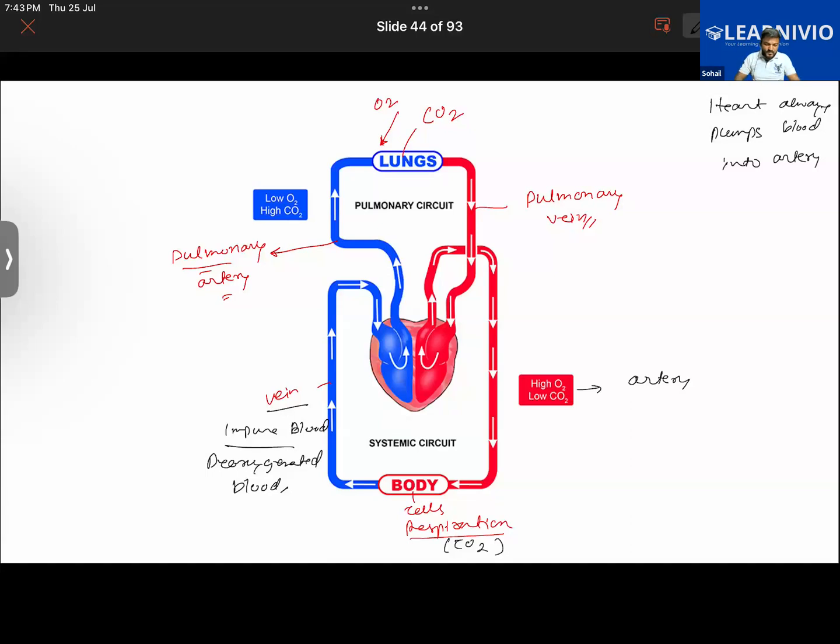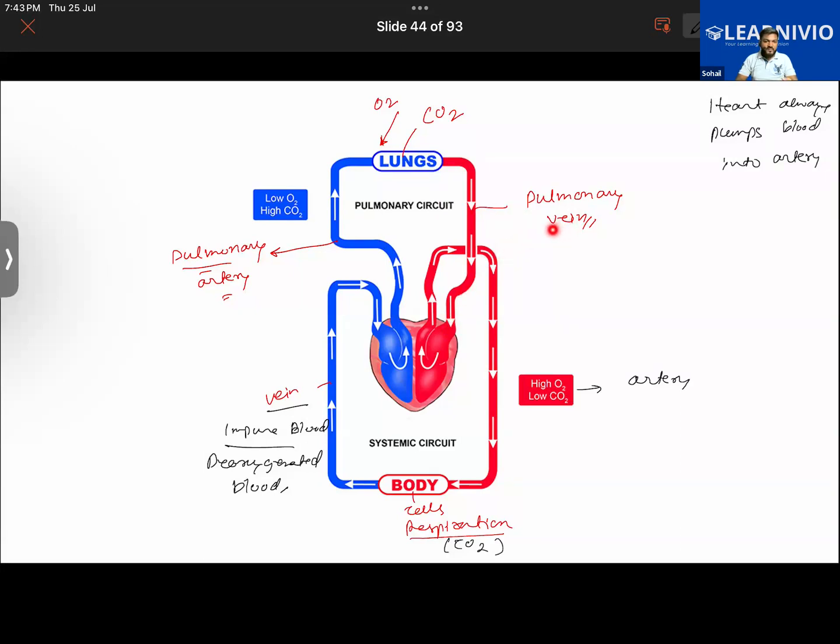Now, furthermore, we know the lungs would be sending the oxygenated blood towards the heart, no? So that this heart will pump that oxygenated blood to all the parts of your body. So this other blood vessel that would be carrying the oxygenated blood towards the heart will be called the pulmonary vein.